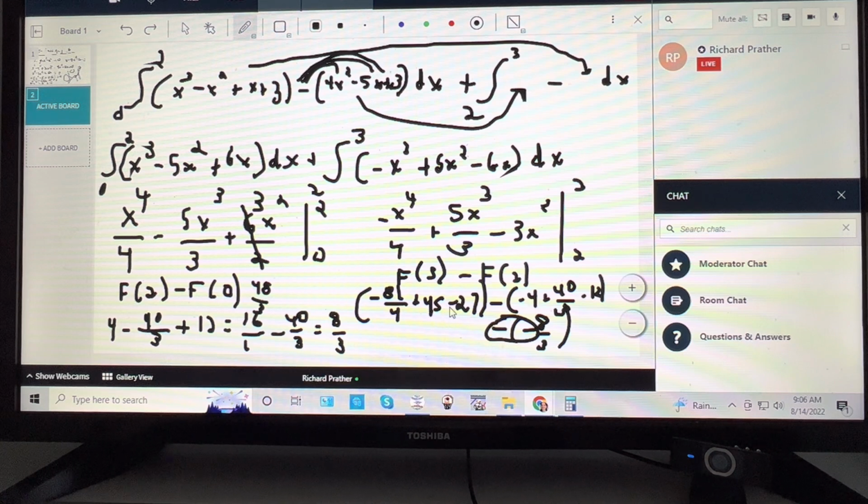So this was 18. This part here is 18. And if I have a, let's see where I can put it, negative 81 over 4 plus an 18 over 1, and then you have to multiply 18 by 4, which is 72 over 4. So that part's negative 9 over 4.